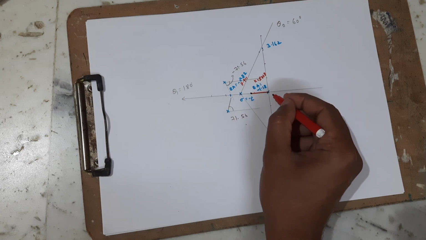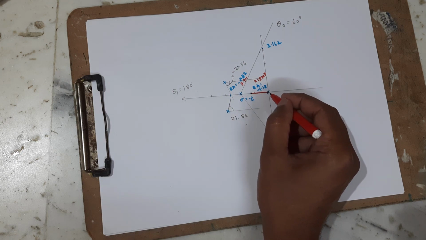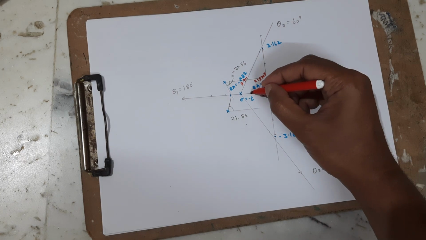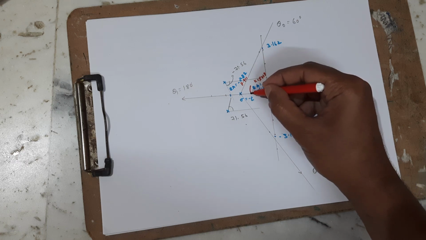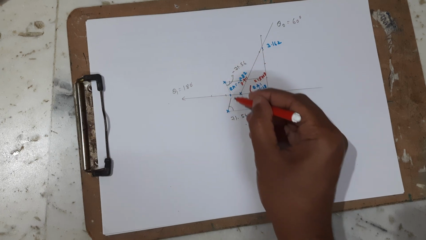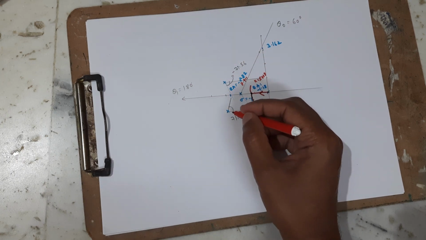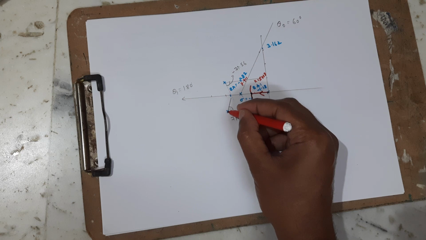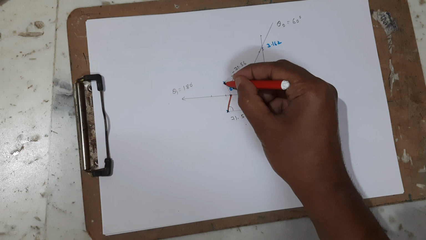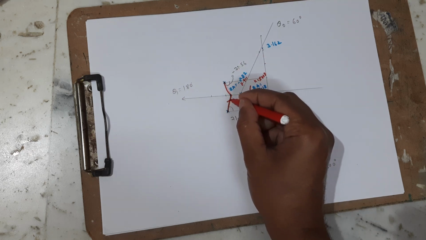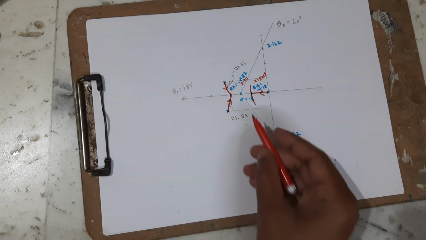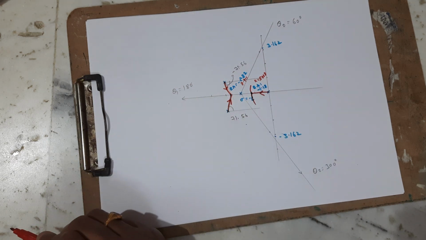It will come to the breakaway point. So from 0, that's the first rule, it will approach the breakaway point. Here it is going to break and here it is going to break. In the meantime, the other two branches are going to start from these poles and approach the breakaway point like this and like this. We have two breakaway points.